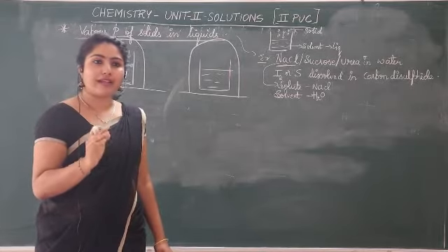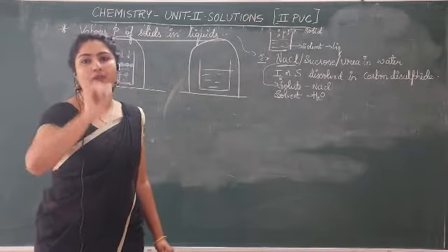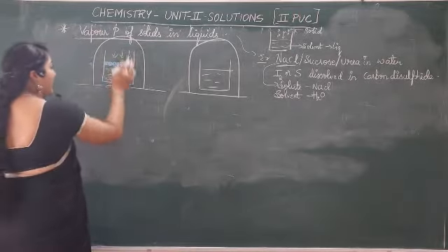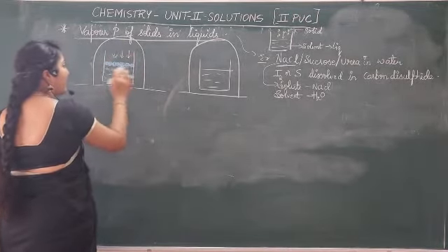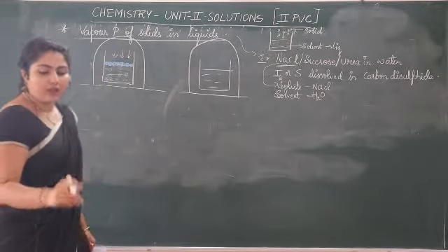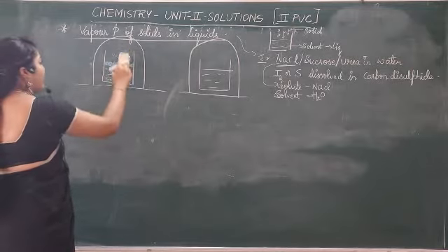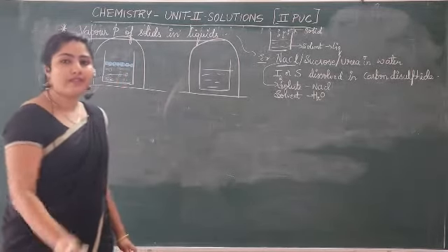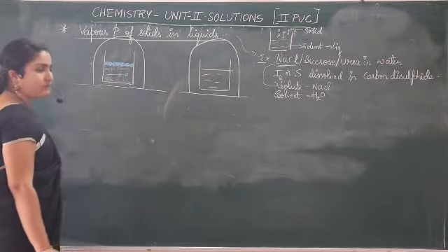You need not only heat it, but due to temperature changes, evaporation takes place. So in a closed container, vapors will be produced. Those vapors will start exerting pressure at equilibrium. That is vapor pressure. The pressure exerted by the vapors on the surface of the liquid is called vapor pressure.